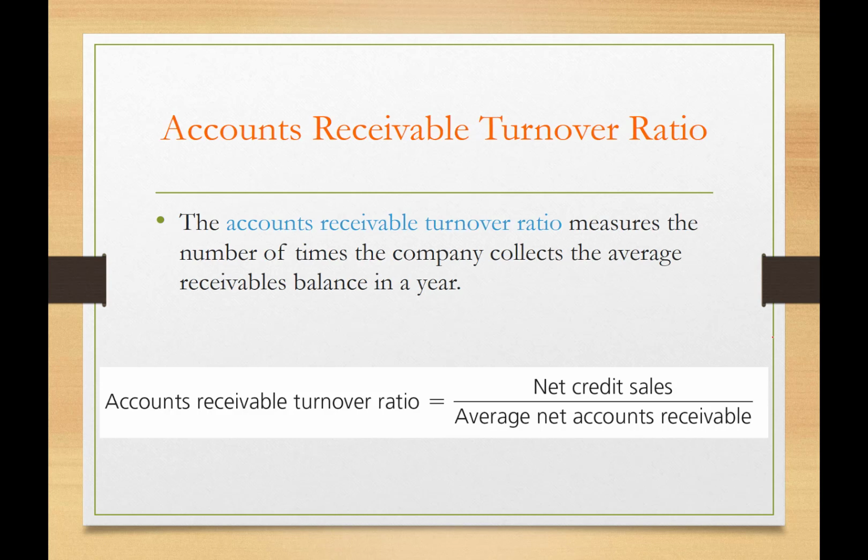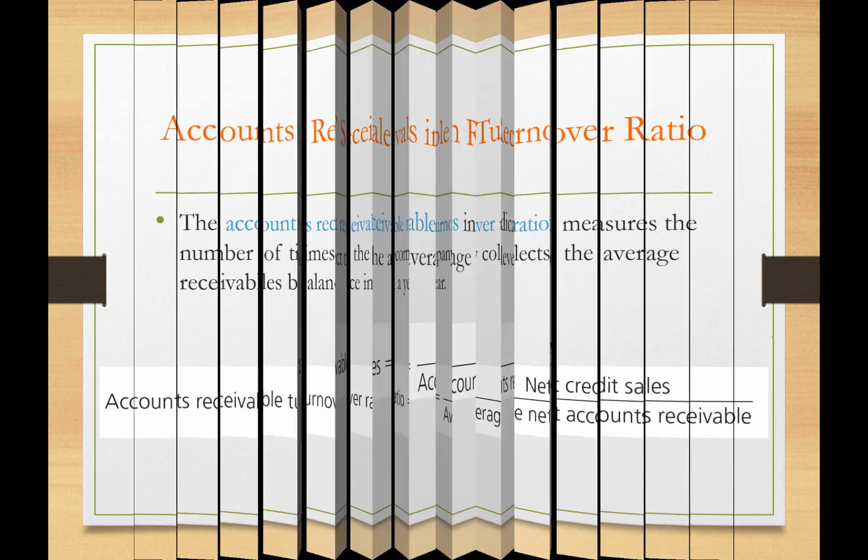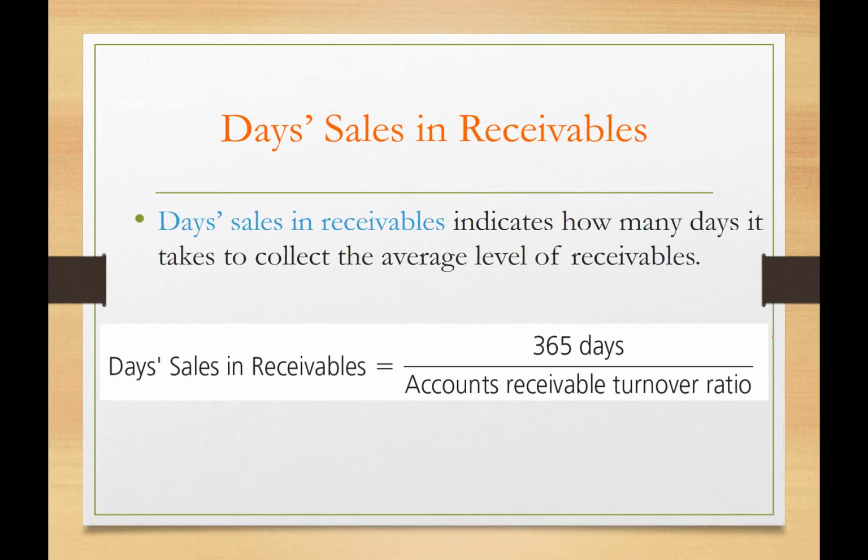We want to keep turning it over. We want it to be quick and really, really fast as far as turning it over and increasing the number of times. So people buy on credit, they pay right away, then hopefully they'll buy more on credit and pay right away and keep the cycle going. We also can do the same thing that we did for inventory when we think about the days that inventory was in the house as far as how long we held it.